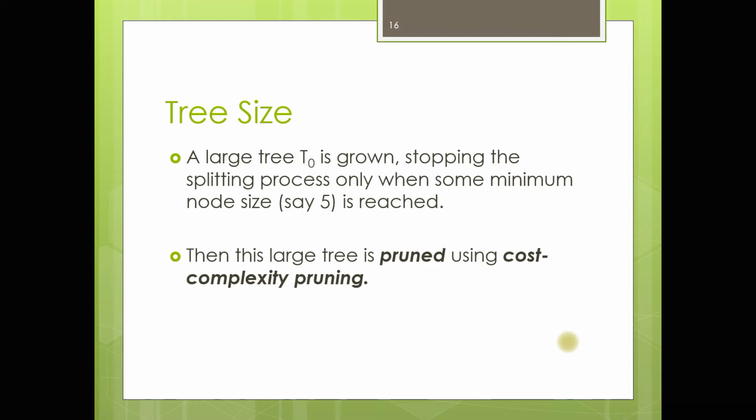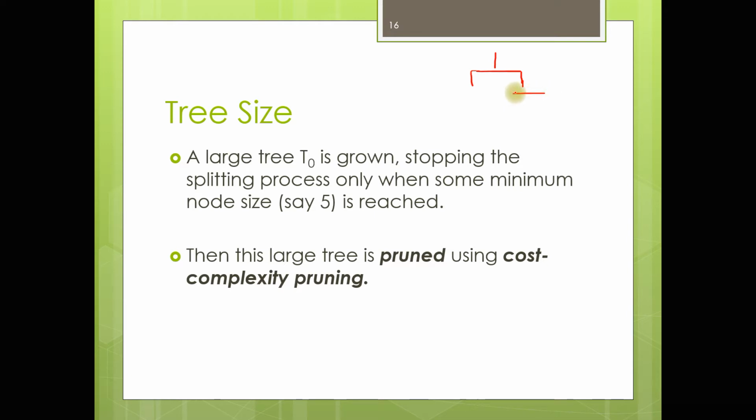Now, normally you would have a tree that is grown fully, using the criteria that I explained to you in the first video. There will be a tree grown to a certain size.